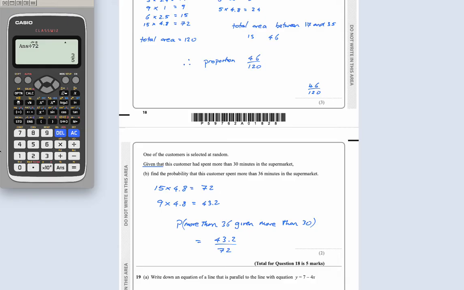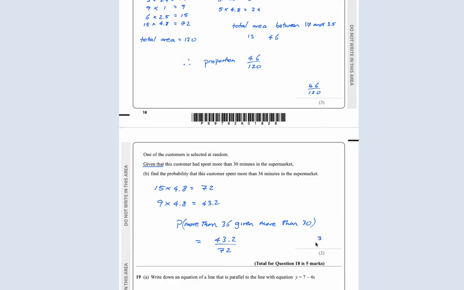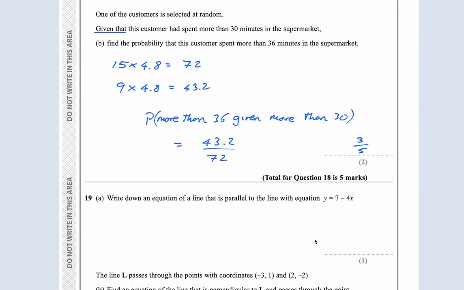Oh, perfect. So let me do that again. 43.2 over 72 is equal to 3 over 5 exactly. So that's 3 over 5. Okay. That is question 18.